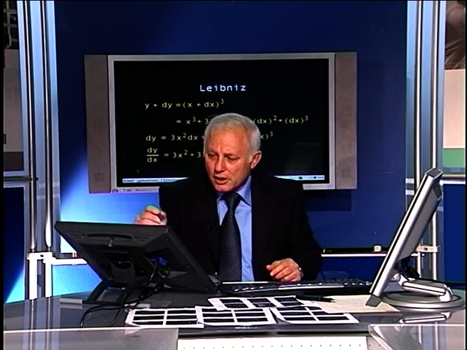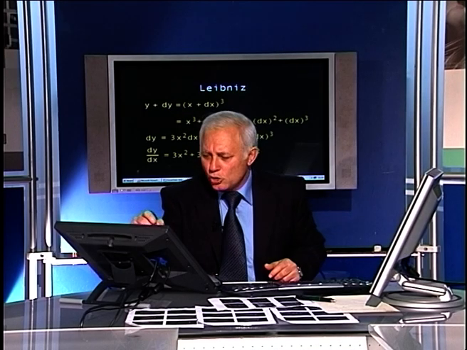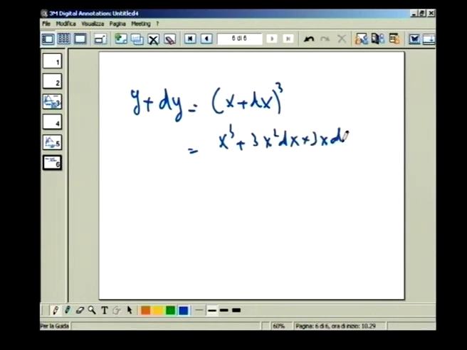Now, the same thing was done by a German mathematician, Leibniz. In order, for example, to calculate the derivative of x cubed, he takes y equal to x cubed, so y plus dy is equal to (x plus dx) cubed. When you expand this, you get x cubed plus 3x squared dx plus 3x dx squared plus dx cubed.